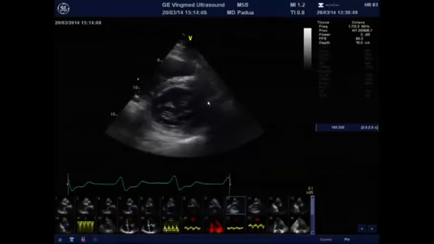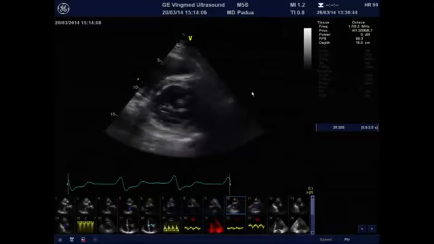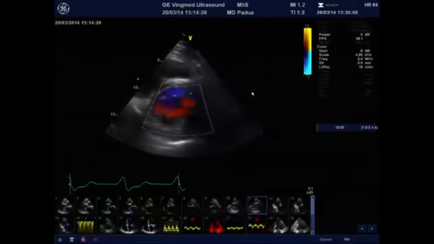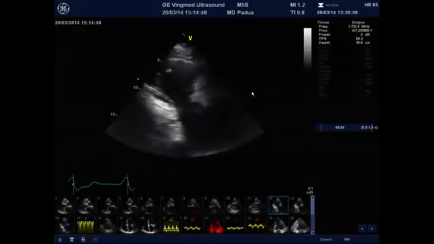Then I go down, tilting the probe again, looking at the left ventricle at the level of the mitral valve, and then I tilt a little bit with the color to check the origin and the extent of the mitral regurgitation. And then I come back to the long axis view at the basal part in order to look at the inflow of the right ventricle.